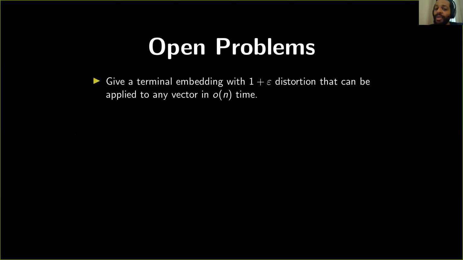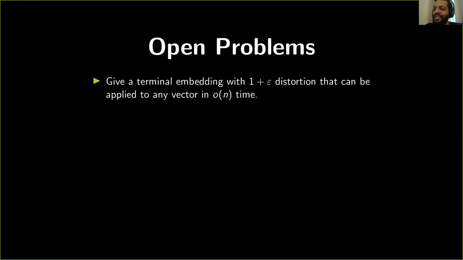Give a way to do terminal embeddings quickly. Someone asked a question about this. Right now, in order to apply the terminal embedding to a vector Q, you need to first solve nearest neighbor and then solve a semi-definite program. Now, if the motivation of terminal embedding is to speed up nearest neighbor search, then it's pretty useless that step 1 is to compute the nearest neighbor, right?